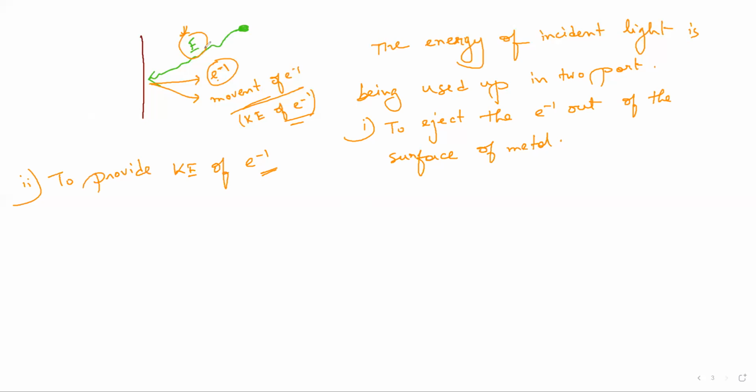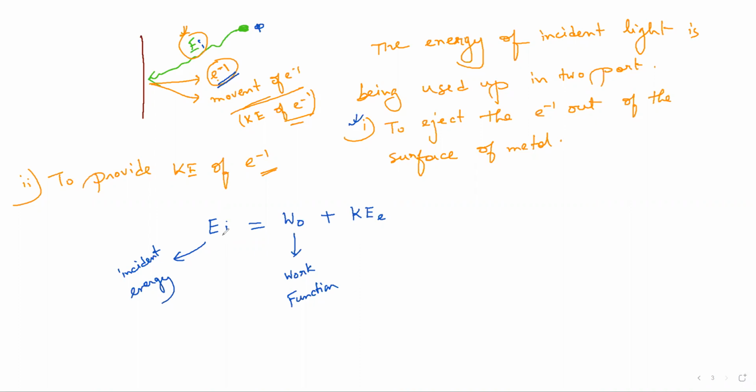So can I write this incident energy, I am taking E_i instead of E, equals removal or ejection of electron, which is called W naught, the work function, plus the second part which gives kinetic energy of the electron.